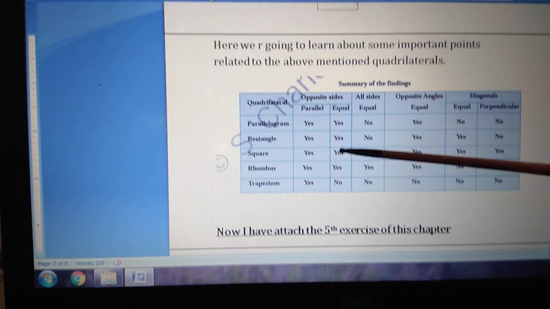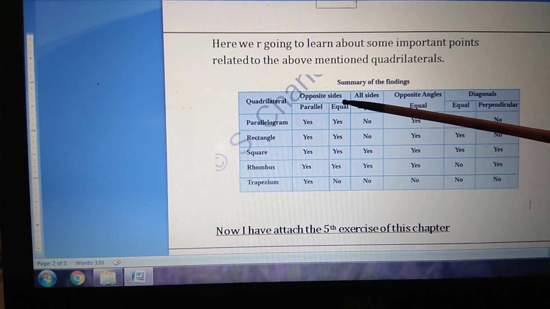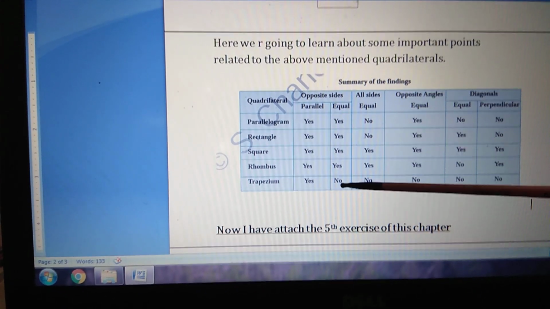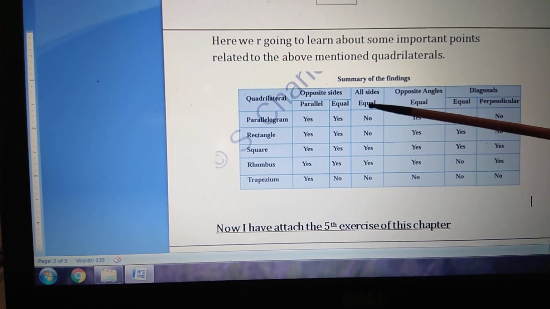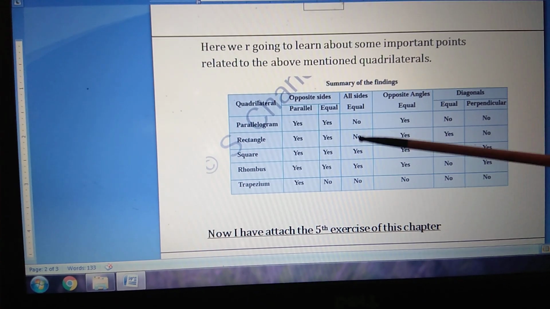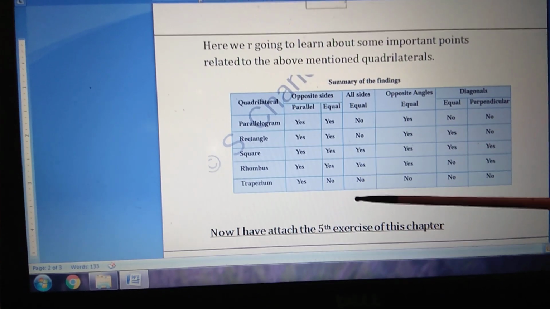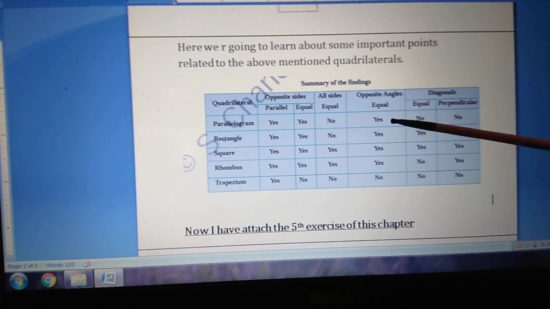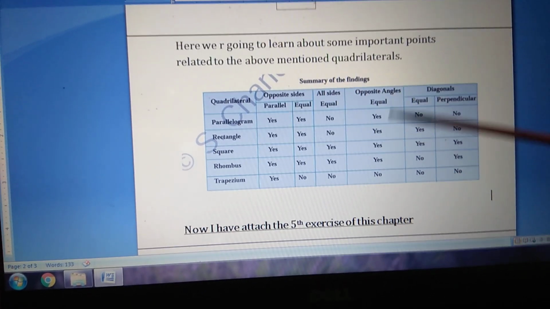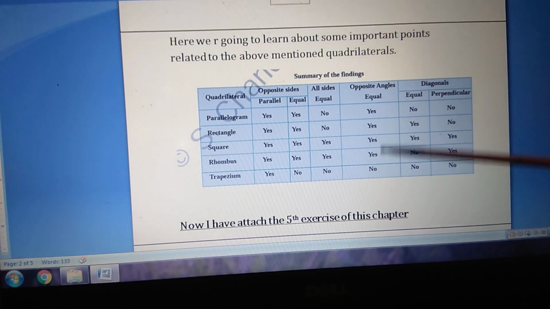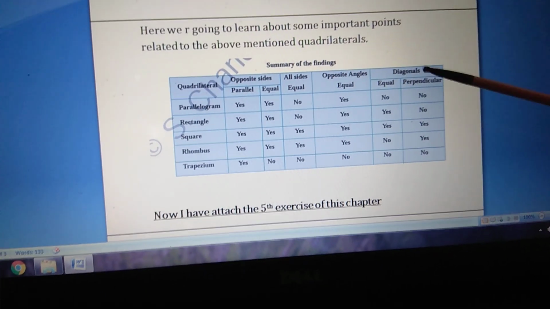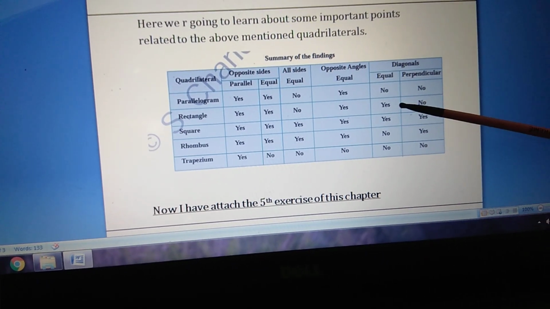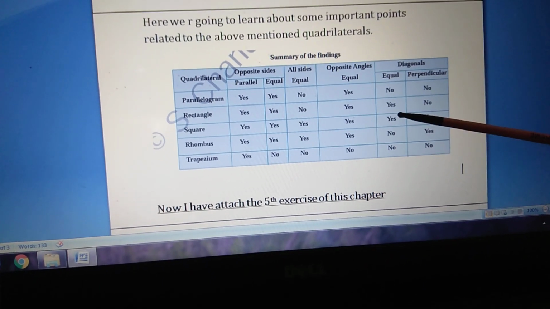Now opposite sides equal. Parallelogram, rectangle, square, rhombus, all have opposite sides equal. But in trapezium, it is not equal. Next comes all sides equal. Only square and rhombus have all sides equal. Others don't. Opposite angles equal: all have opposite angles equal but not trapezium. Now diagonals are equal in 2 cases, rectangle and square.